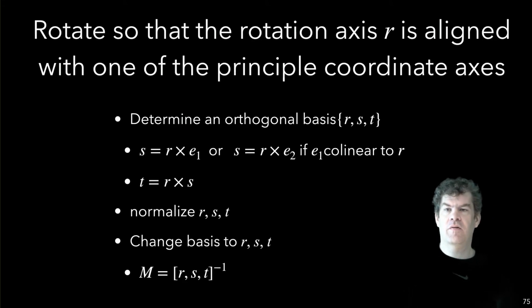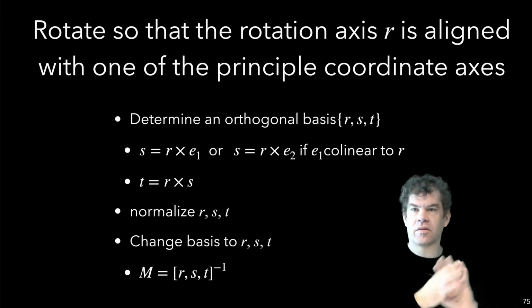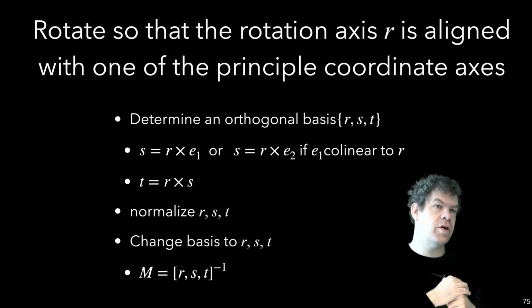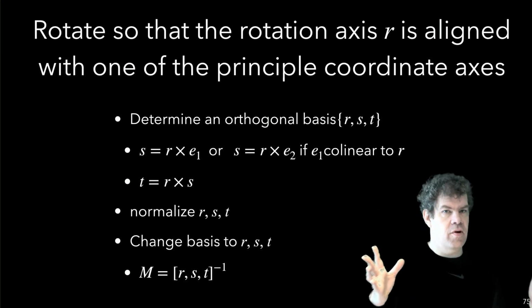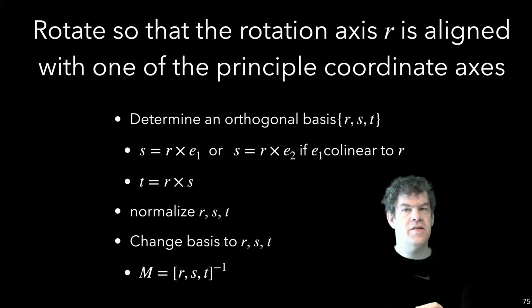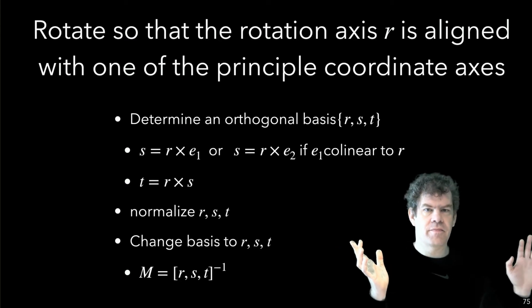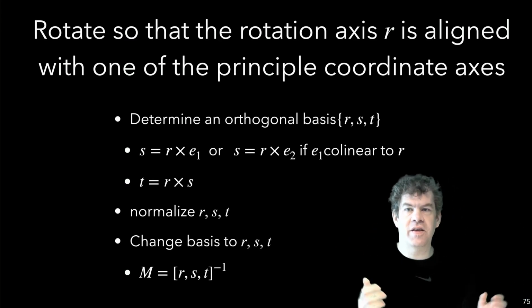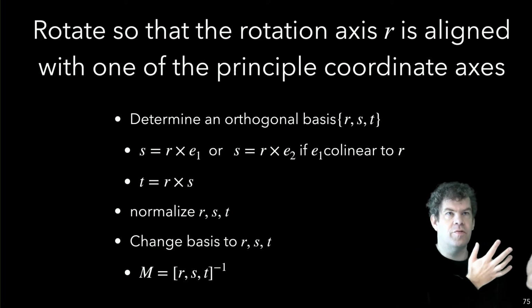Again, why is that the case? Look this up in linear algebra. So what is the second vector that I compute a cross product with? I can choose any one that I want, as long as it's not pointing in the same direction as R. So I'll just choose E1, which is literally a random choice. I could have chosen any other vector. I just pick E1 because it's the first one in the base.